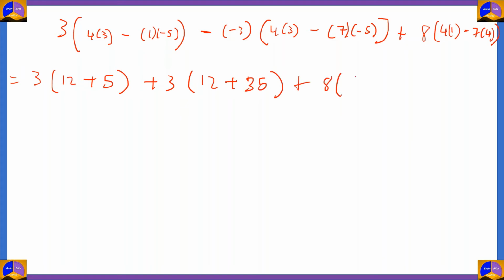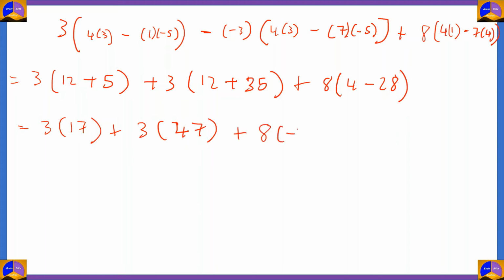Plus 8 times 4 into 1 is 4. Minus 7 into 4 is 28. So 3 times 17 plus 3 times 47 plus 8 times minus 24.